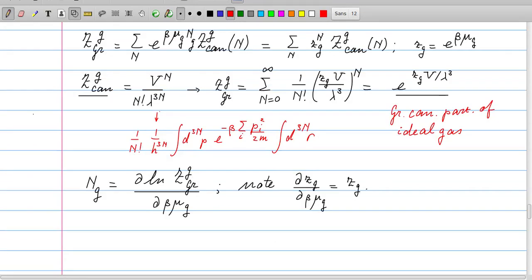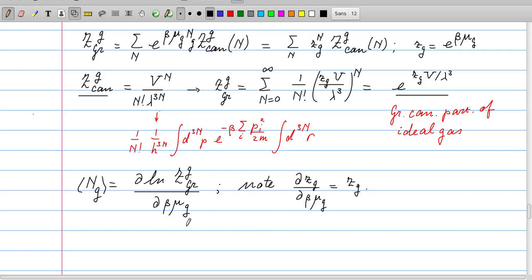Having this grand canonical partition function, it's not difficult to calculate the expectation value of the number of particles in the gas. It's just the derivative of the logarithm of Z grand with respect to beta mu gas.